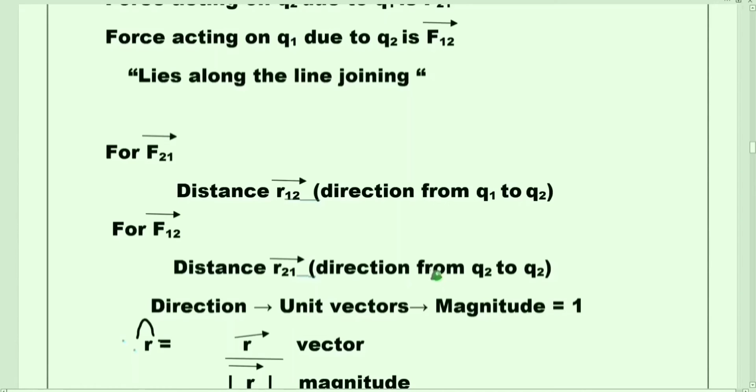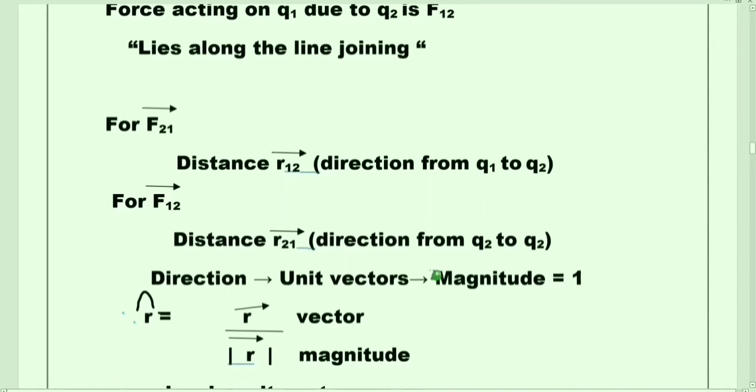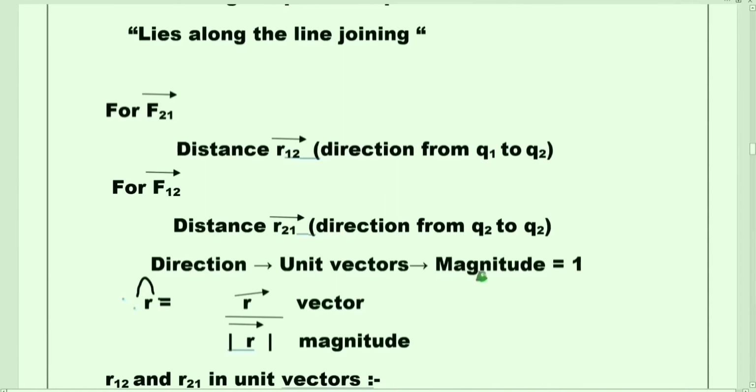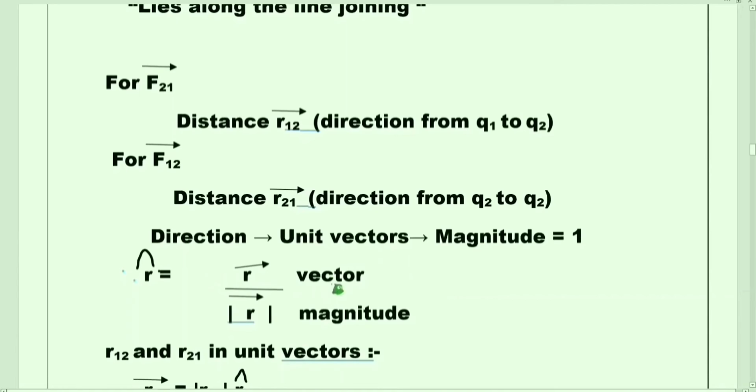Okay, now we are going to introduce unit vectors to represent direction. You all know that unit vectors have magnitude equal to 1 and indicate direction. Any vector divided by its magnitude gives a unit vector, isn't it? A vector possesses both magnitude and direction.